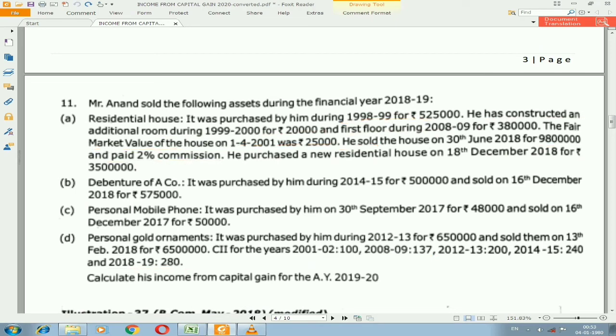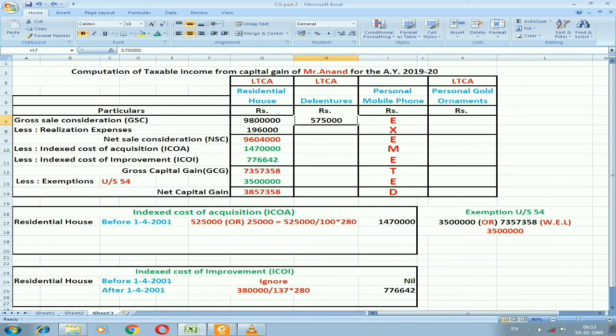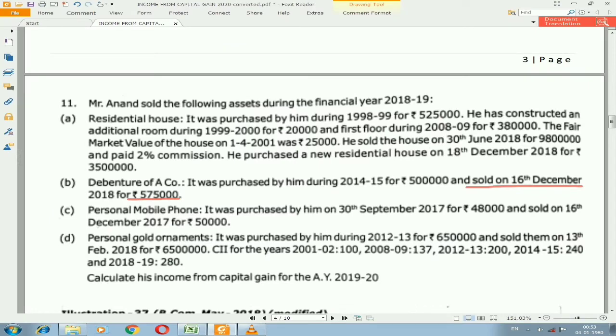Next we'll go with the next asset, debentures, which is sold for rupees 5,75,000, and we don't have any realization expenses, so realization expenses will be nil. Same amount we will get. Indexed cost of acquisition: it is purchased after 1/4/2001 with the amount of 5 lakh, but as it is a debenture we are not going to apply indexation.